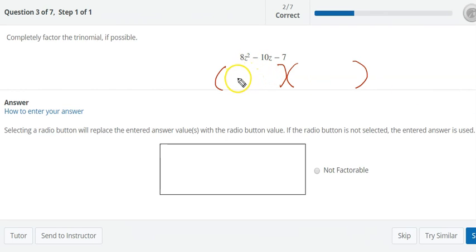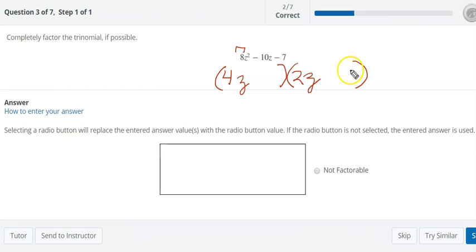Well, we know there's going to be a z there and a z there. Now this A term, 8, could be an 8 and a 1, but there's only a 10 in the middle. So I think it's going to be more a 4 and a 2. Again, I'm doing guess and check.